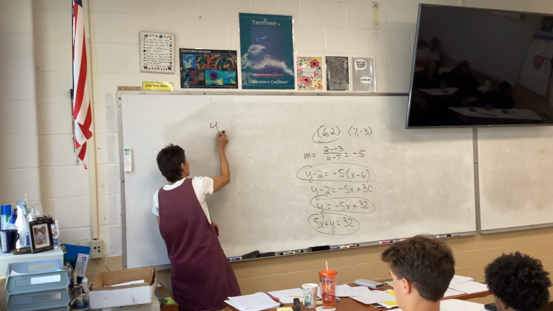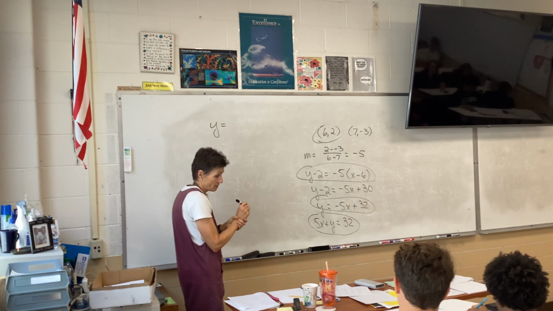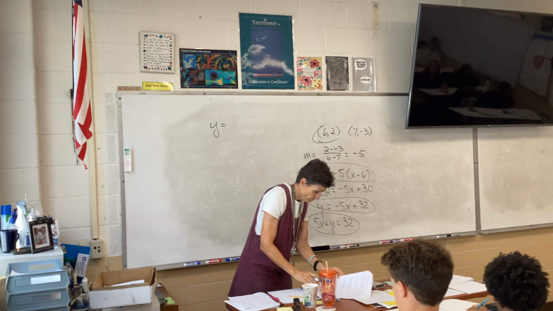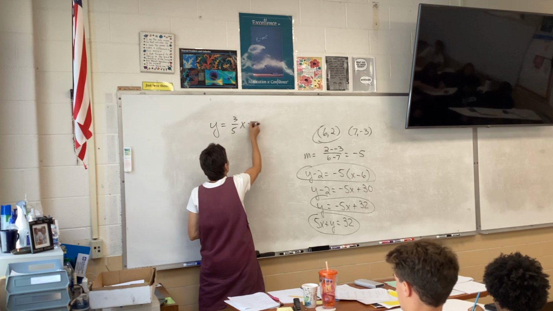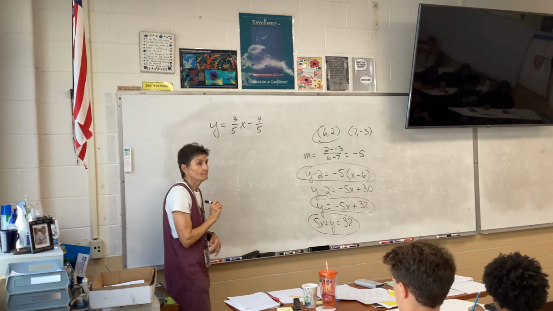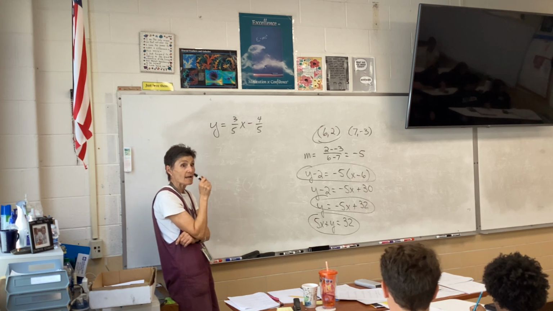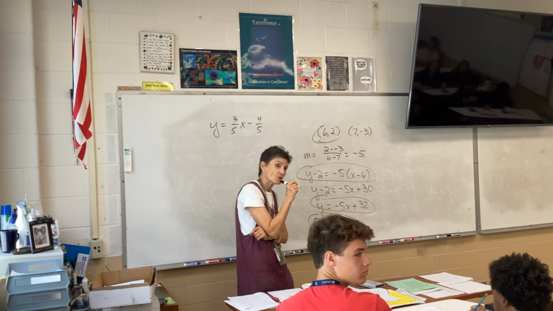Anybody have an answer yet? It should be y equals. Ms. Coleman, got an answer? 3/5 x minus 4/5. That's what I got. That's not what I got. Who said that? Did you get 3/5 for your slope?